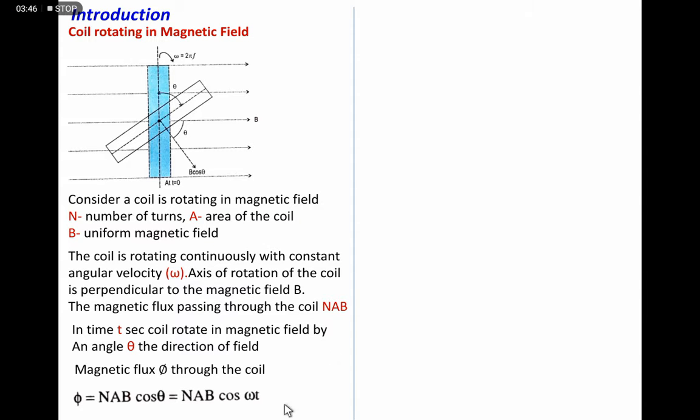Omega is the angular frequency, hence we'll write the equation NAB cos of omega t. Now we know the flux is changing due to the rotation of the coil in the magnetic field, and if we differentiate this flux with respect to time, we'll get the EMF induced in the coil.